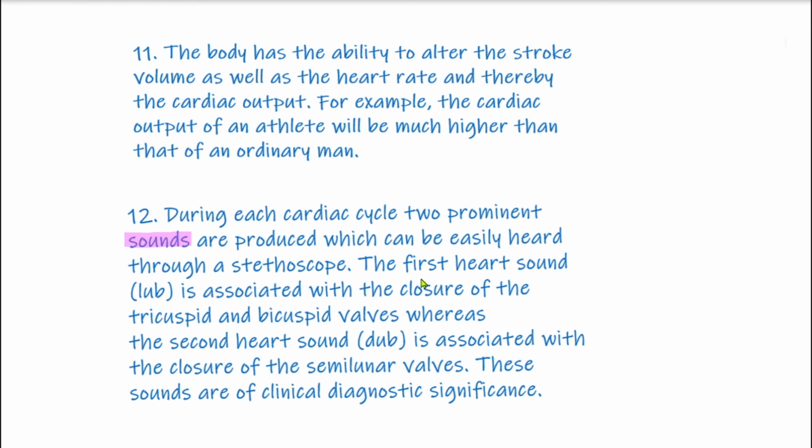When AV valves get closed, the closure of AV valves produces a sound which is the first heart sound, whereas the closure of semilunar valves produces the second heart sound. Opening of valves doesn't produce the sound. Only closure of the valves produces the sound, and the first heart sound is produced by the closure of AV valves, and the second heart sound is produced by the closure of semilunar valves.